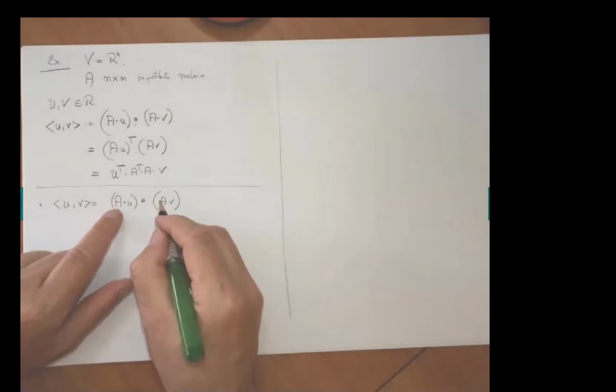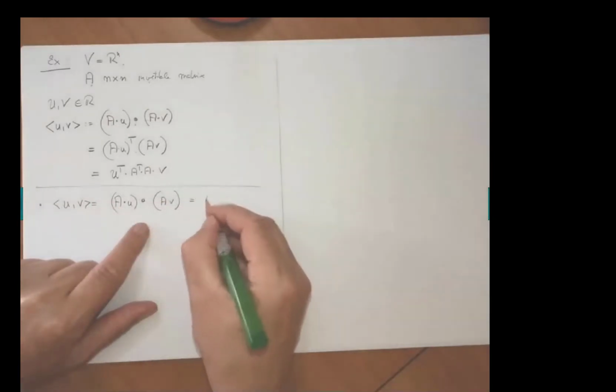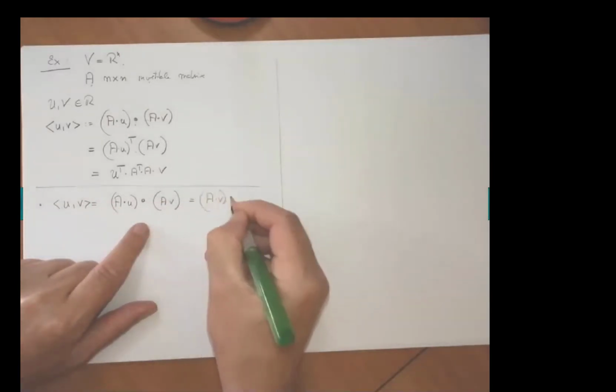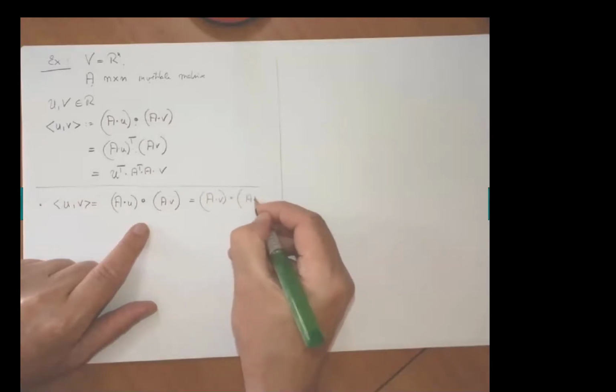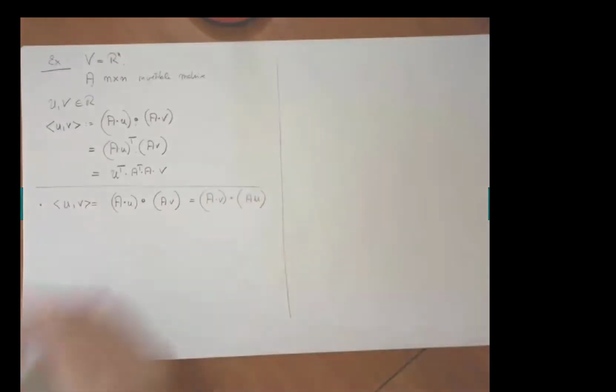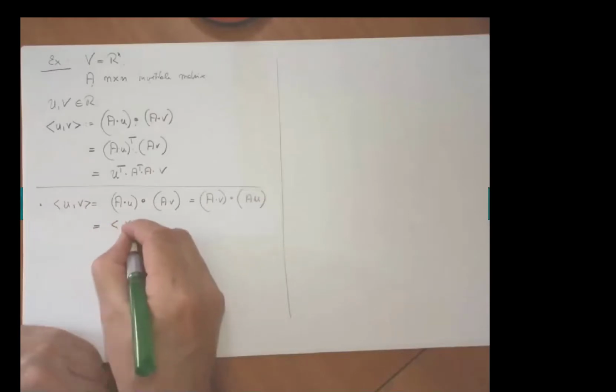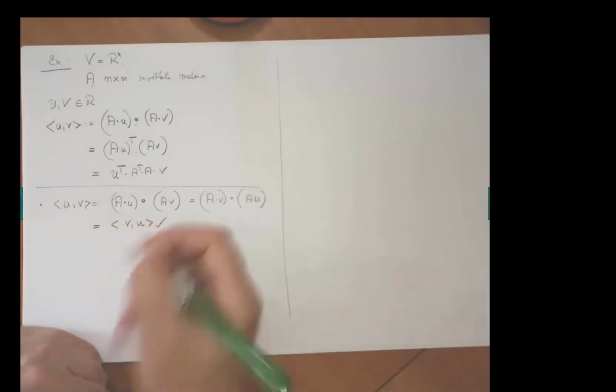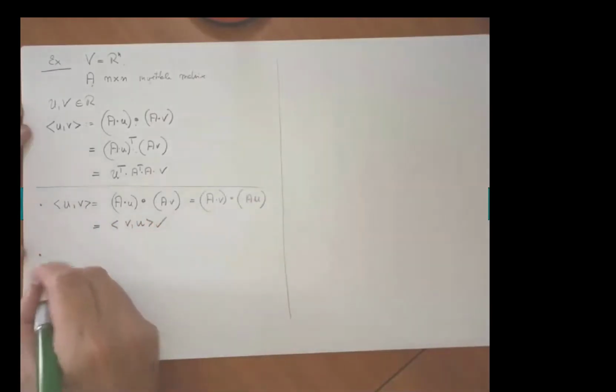But dot product is symmetric, so I can flip here. So this is the same as Av dot product Au, because that's what we did in section 3.2.